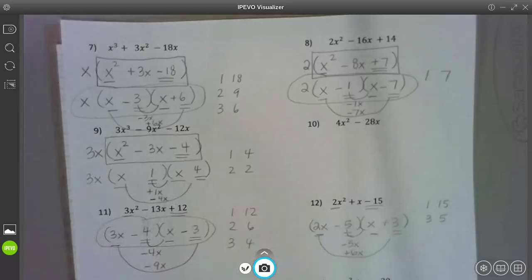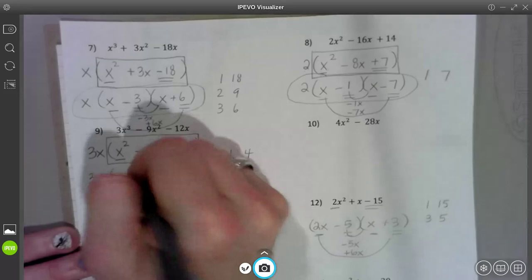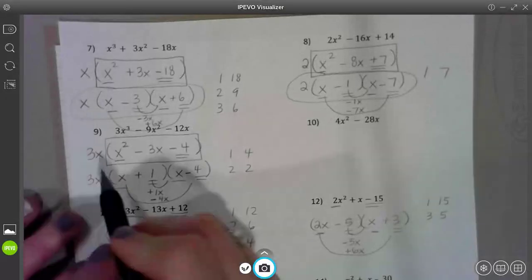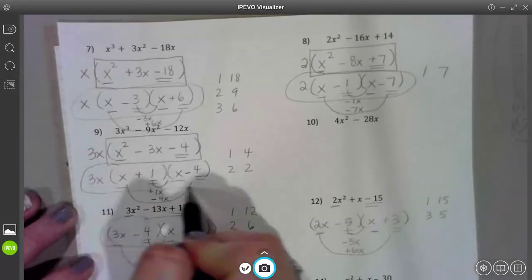Looks like I can get the 1 and the 4 to work. I would need a positive 1x and a negative 4x to get that negative 3x in the middle. So then I would need a plus and a minus. And those are your factors.